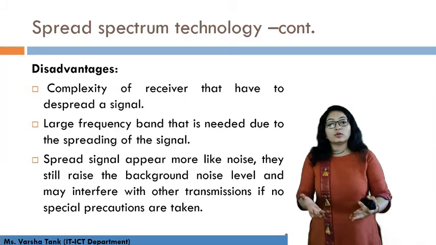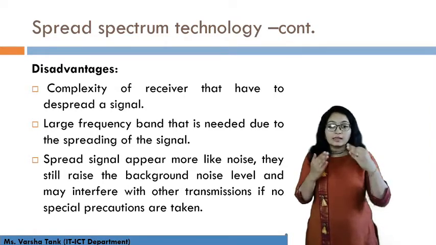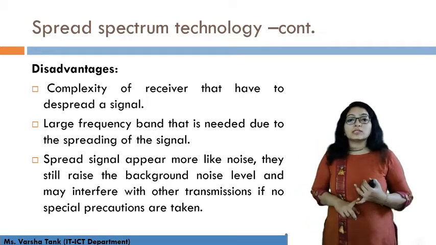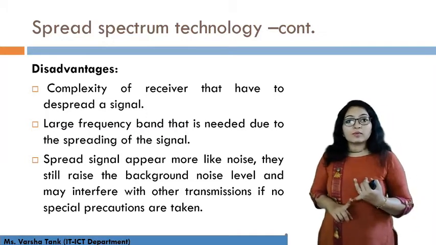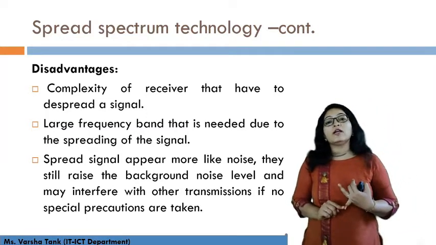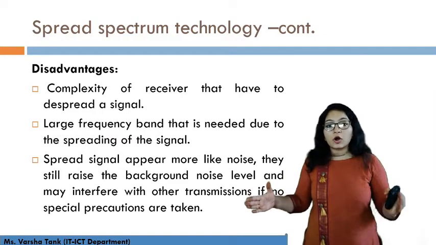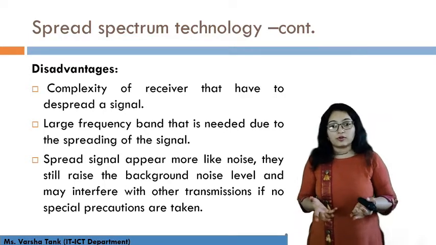As you spread the signal, you have to despread it at the receiver side; only then can the receiver understand the original signal. The second disadvantage is that a large frequency band is needed due to the spreading of the signal. For example, you are spreading a narrowband signal into a broadband signal, so you require a large bandwidth, a large spectrum.